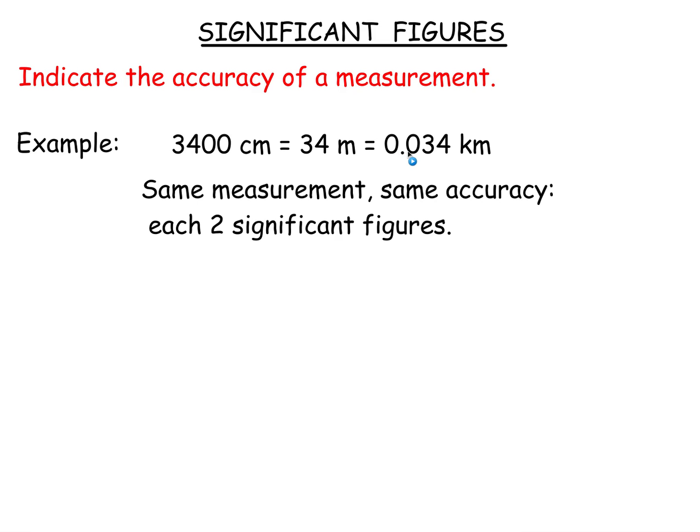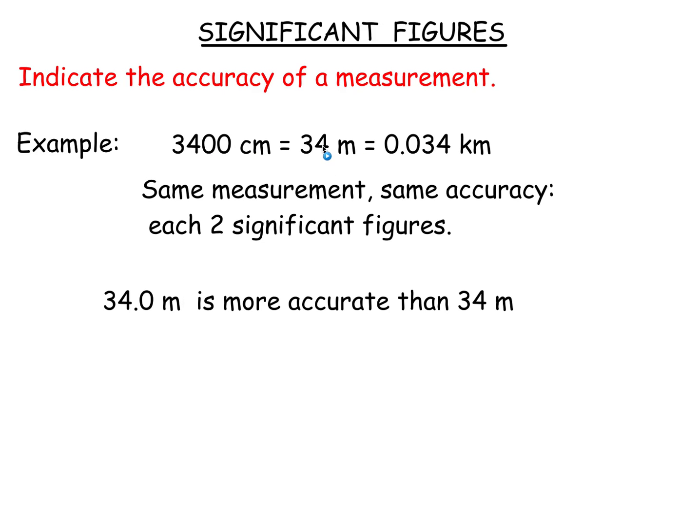They are not significant figures. And zeros at the end of a whole number don't tell you about accuracy, they only tell you about place value. So they're not significant. So zeros don't count as being significant at the start of a decimal or the end of a whole number. These are all two significant figures.